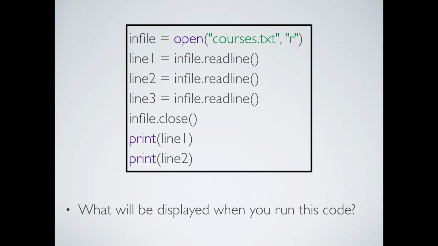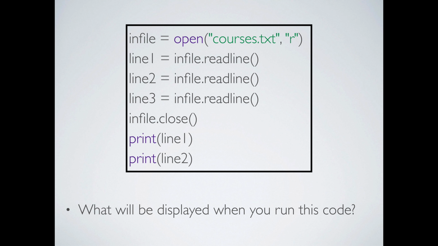Something to note about readLine is once you read a line in the file, the next time you read more stuff, it will read starting at wherever you left off before. So in this example, when I say infile.readLine and store that into line 1, that will store the contents of the first line in the file into this variable line 1.